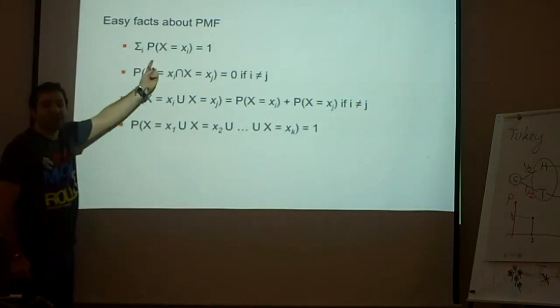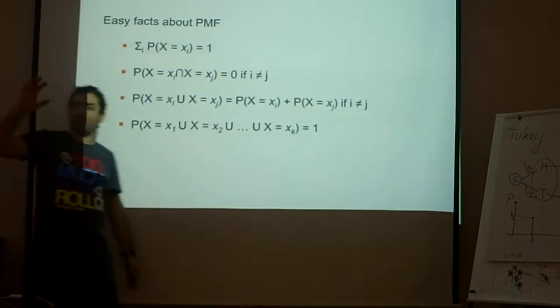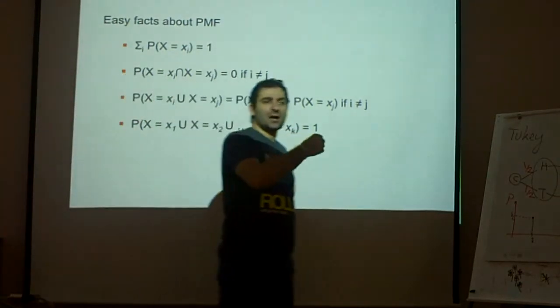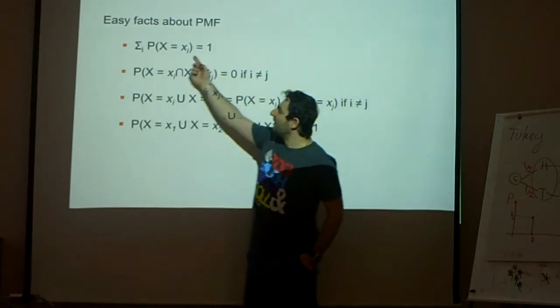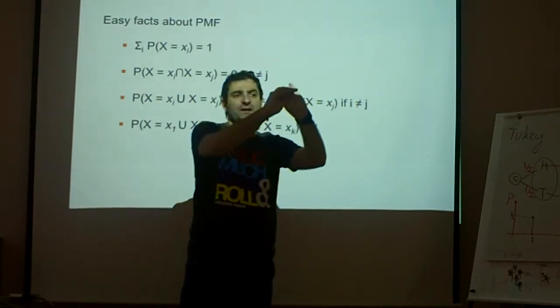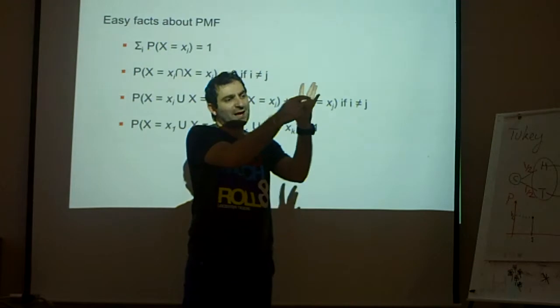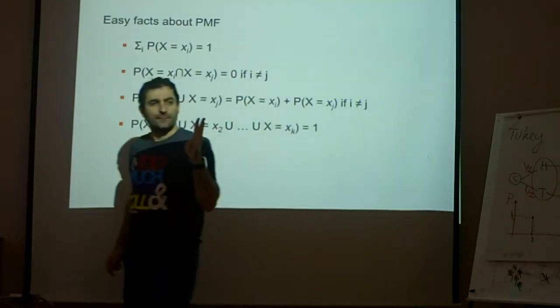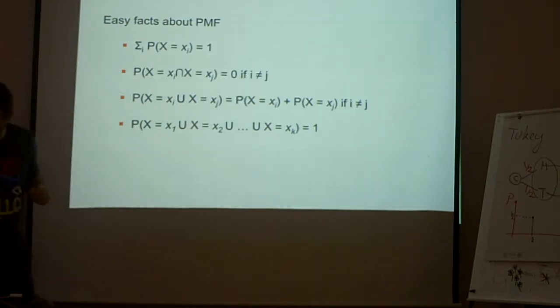So this is a generalized formula. If I have a PMF, if I add all the values, I have to get 1. So this is a useful equation. If I have 4 random variables and I give you 3 of the probability values, you can calculate the last one. How? You know the addition of all should be 1.